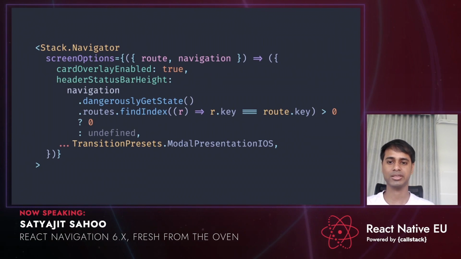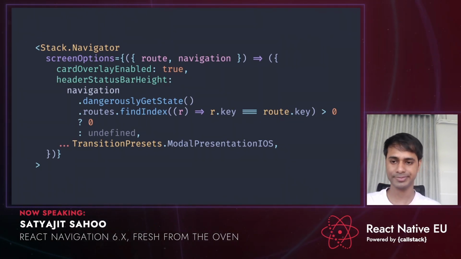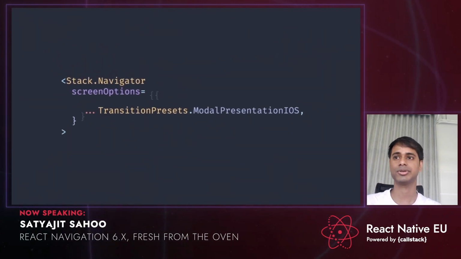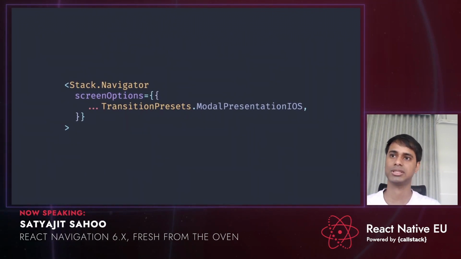You had to specify headerStatusBarHeight. So you had to specify all of these things manually. Now with React Navigation 6, all you have to do is specify the transition, and everything else will be set automatically. So you can still customize everything if you want to, but for the common case, which is the native modal presentation styles from iOS, you just need one line.